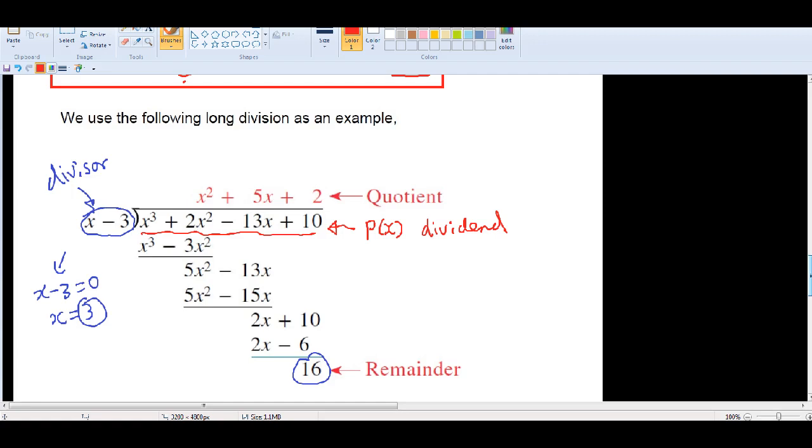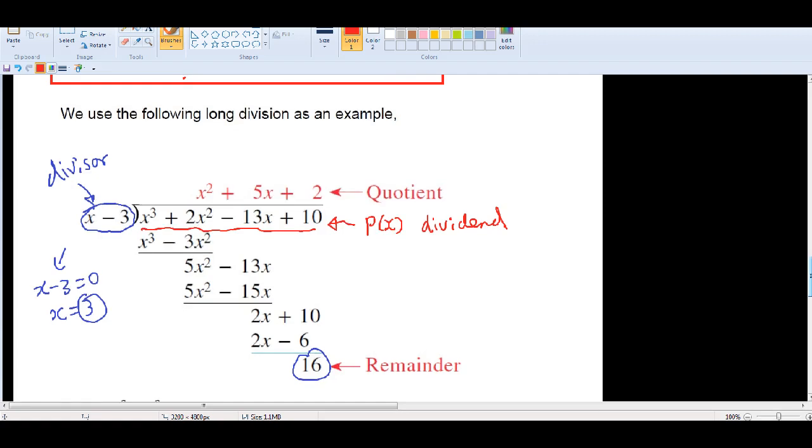But what number you substitute depends on your divisor. So remember that number has to make the divisor 0 first, and then you substitute that number into the polynomial, you will get the remainder. So try to do as much practice as possible and send your homework to me.